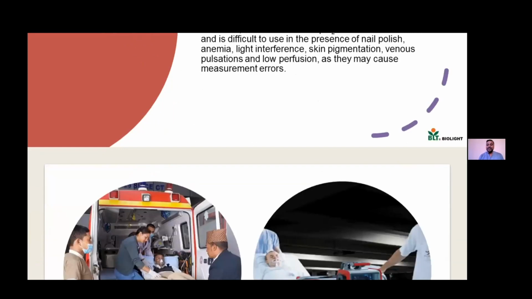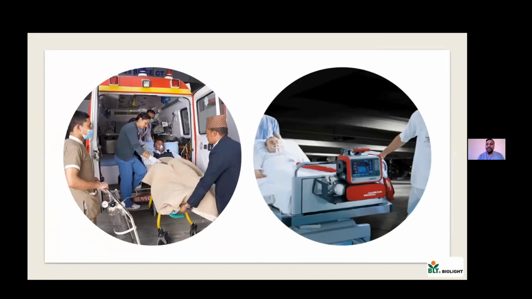Just like whenever we resuscitate a patient in the emergency department and give CPR, we then need to transfer from emergency to ward, from emergency to ICU, or do an intra-hospital transfer. During the transfer, can we guarantee that the patient's vital organs are getting adequate oxygen or not?